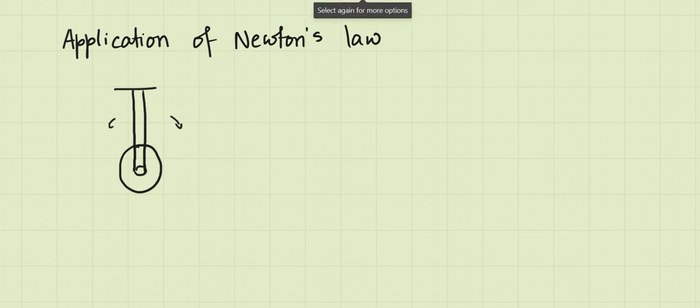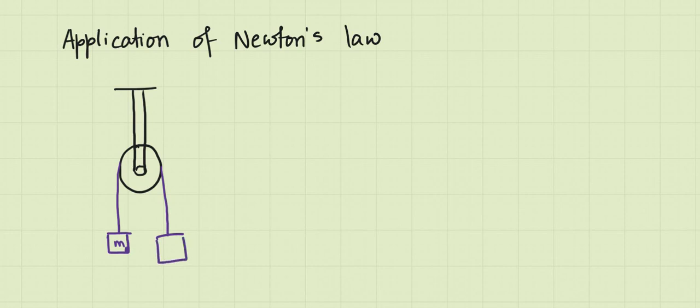It depends on the system or what you hang from it. And let's say hanging from it are two objects. Let us give it the name M1. So that's the mass M1, and there is another object which has the mass M2.